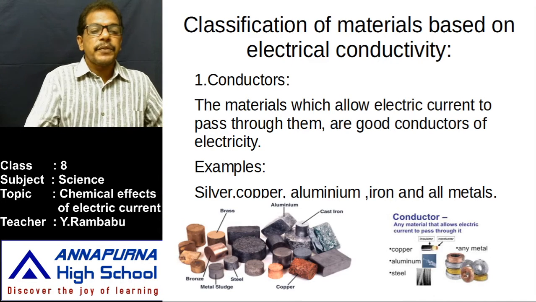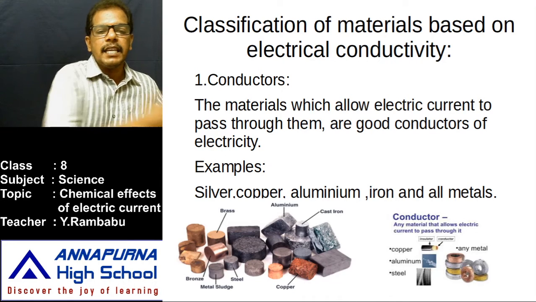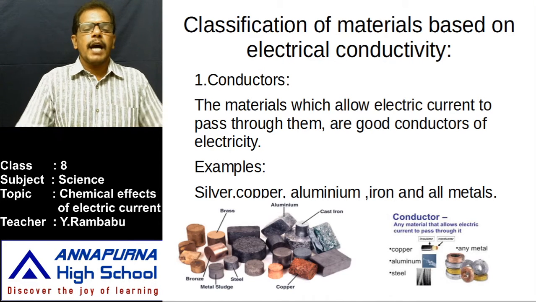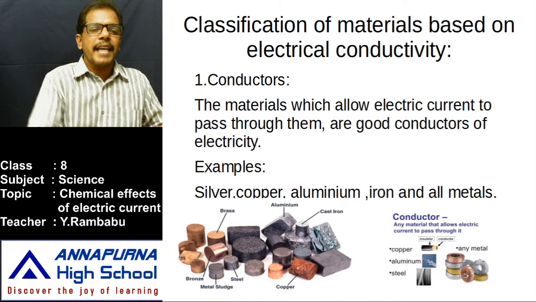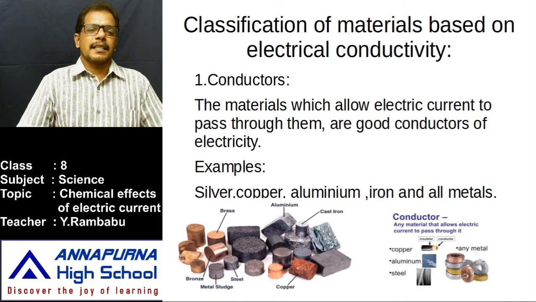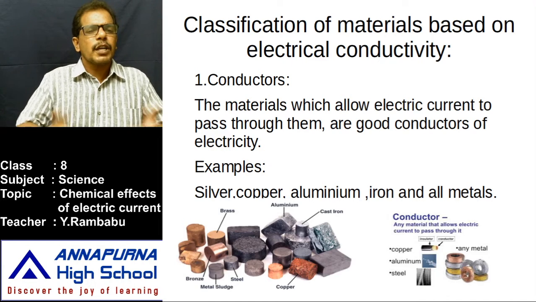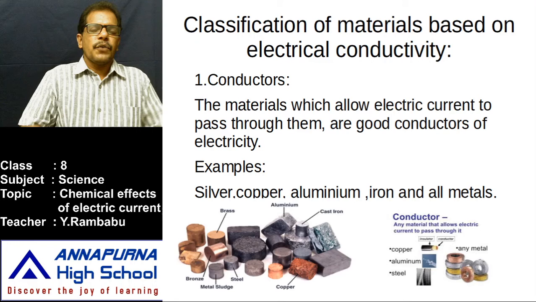In these metals, free electrons are there. These free electrons are responsible for carrying the charge from one point to another point. That means due to the presence of these free electrons, these metals act as electrical conductors. That's why in our day-to-day life, metals which have free electrons are used as electrical conductors.